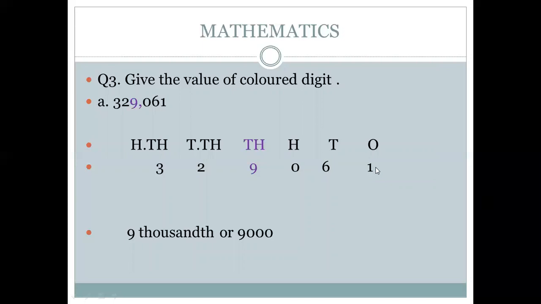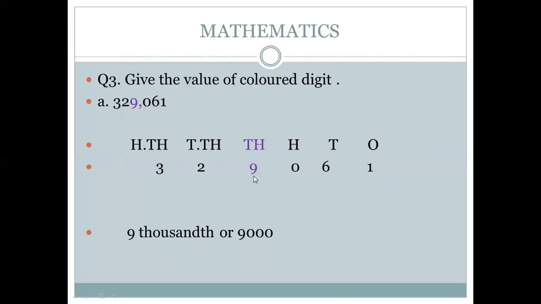The first number is 391,609 and 9 is the colored digit. Again we make the table: ones, 10, 100, 1000, 10,000 and 100,000. I put all the values under the given units. Under ones I write 1, then under tens 6, hundreds 0, thousands 9, ten thousands 1 and hundred thousands 3. You see that where is 9?